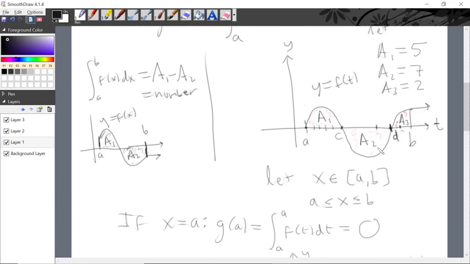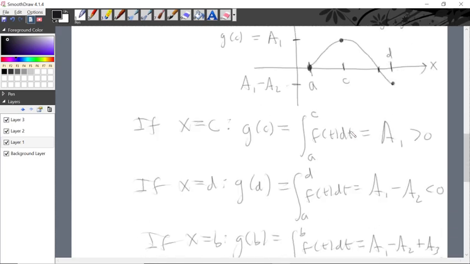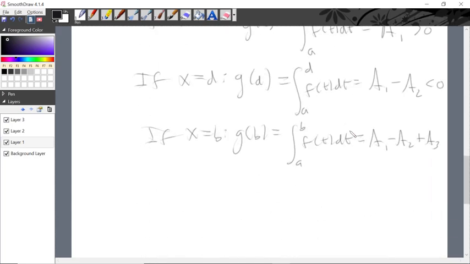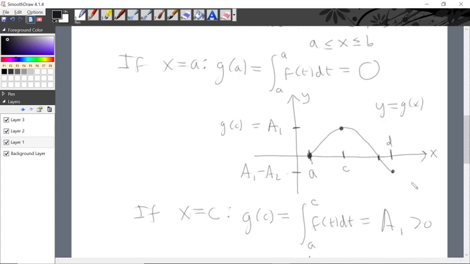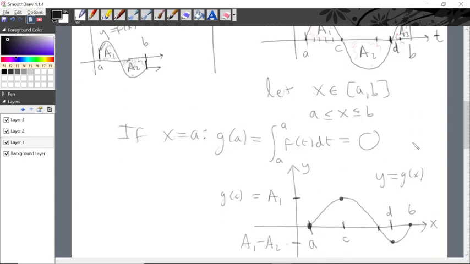And now, given the values I've selected for this example, 5, 7, and 2, that means we have 5 minus 7 plus 2, which, by the way, I've chosen these values here, happens to just equal 0 for this example. Okay? Just as an example. So that I can show that this graph actually comes back, in this case, to like 0. And so it reaches back to 0 by the time we get to where x is equal to b.